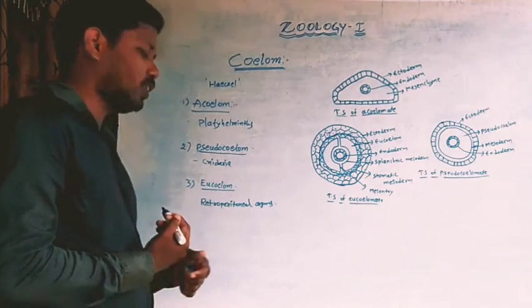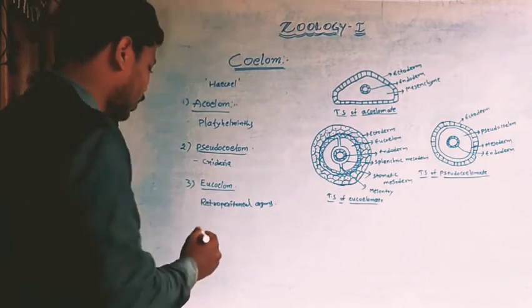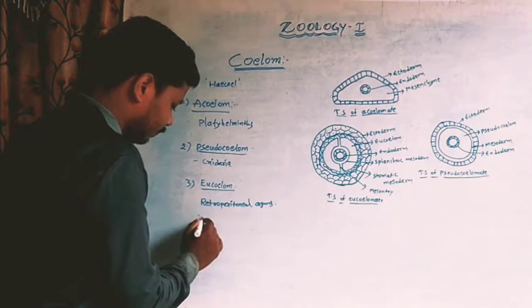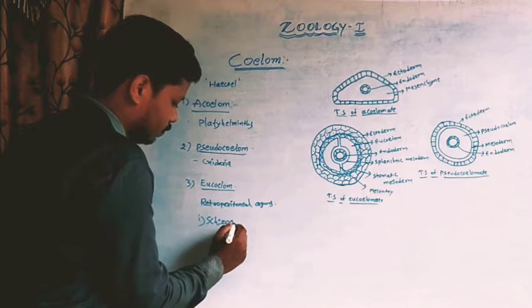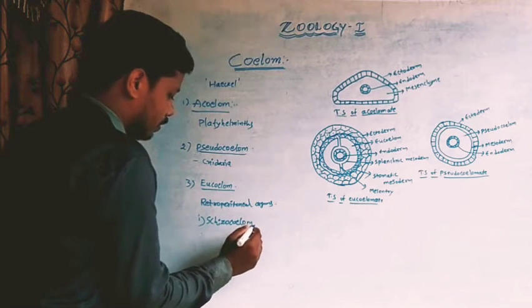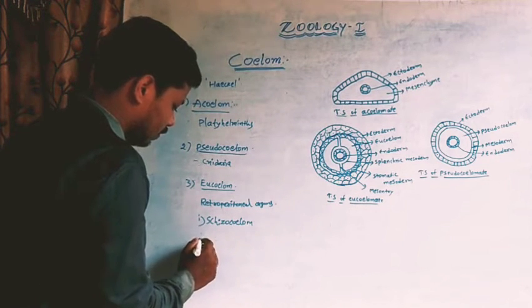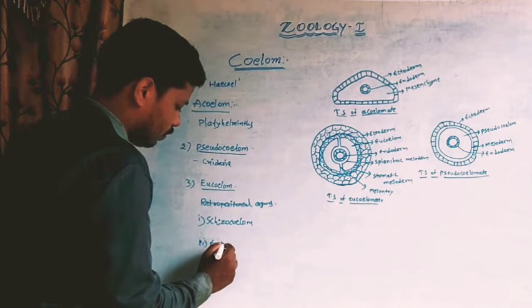Eucoelom is again divided into two types. One is the schizocoelom, second one is the enterocoelom.